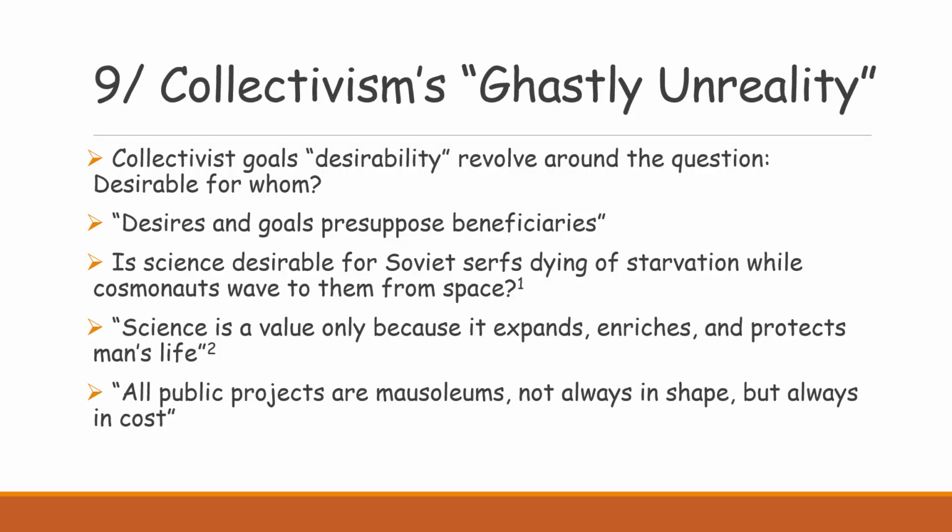Collectivist goals about desirability revolve around the question, desirable for whom? Desires and goals presuppose beneficiaries. Is science desirable for Soviet serfs dying of starvation while cosmonauts wave to them from space? Ask yourself why she's suddenly shifting from the United States to the Soviet Union and then back again.